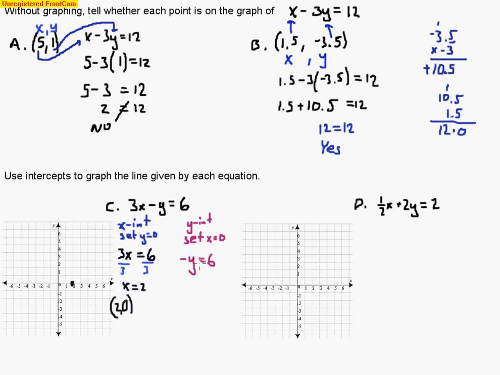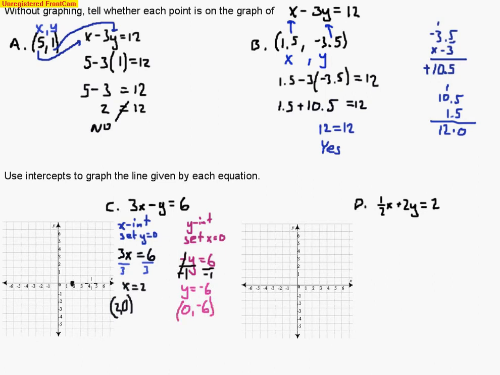And now I've got to get rid of this minus sign out in front of the variable. The way we deal with that is we multiply or divide by a negative, and that will cancel out the negatives, leaving me just with y equals, in this case, negative 6. So the point is, when x is 0, y is negative 6.